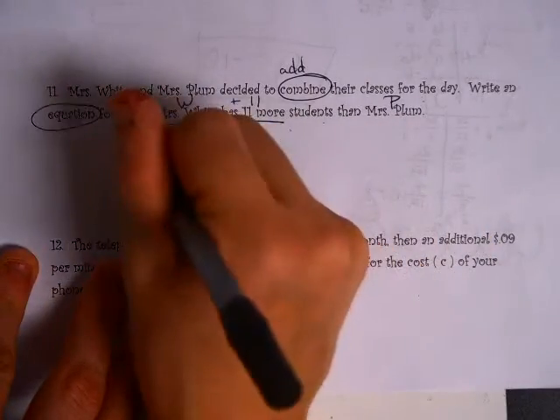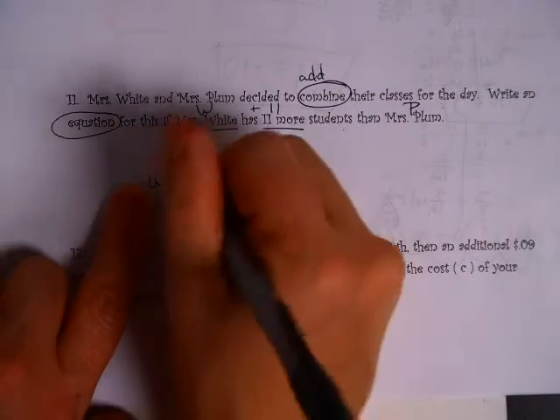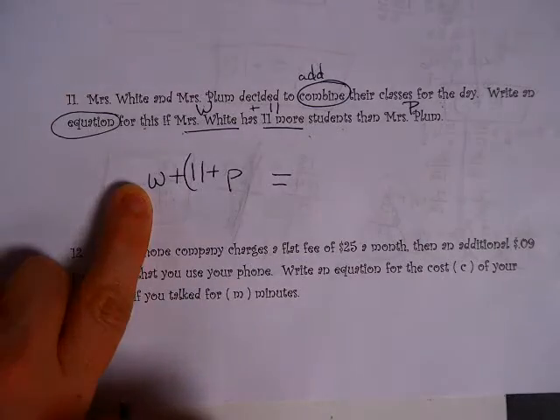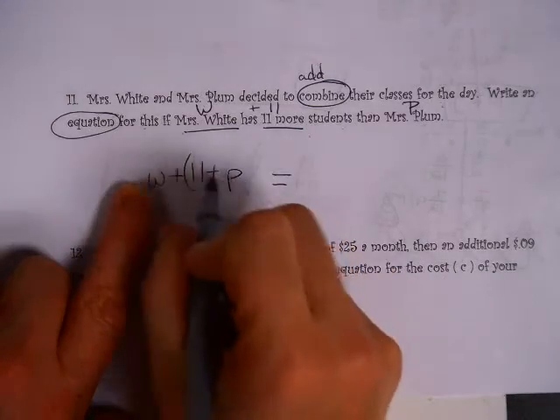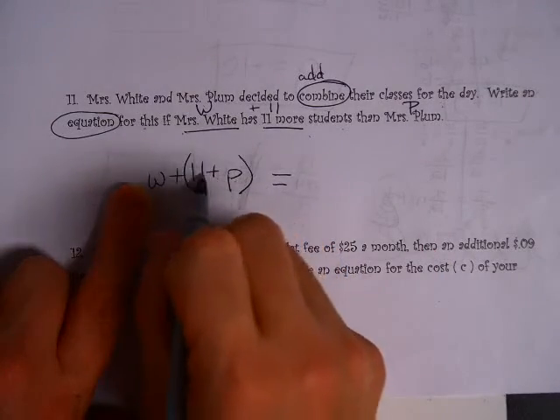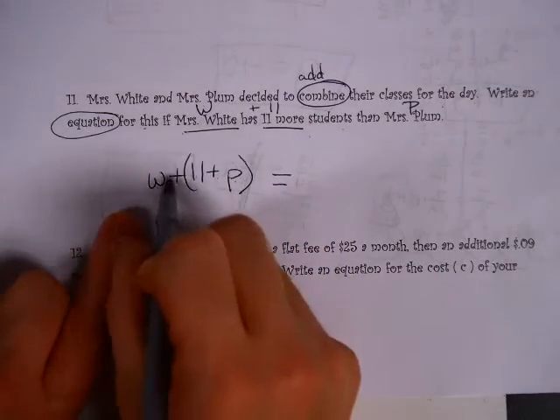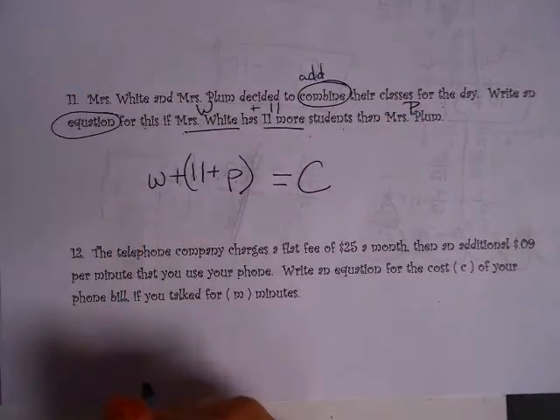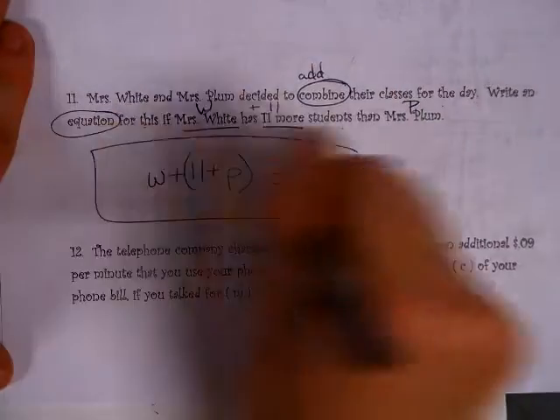So it's going to be Miss Plum's plus 11 plus Miss White's students, and it's going to equal the combined class. So there is our equation.